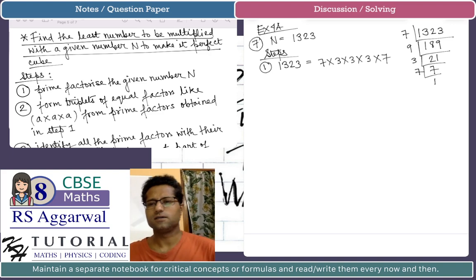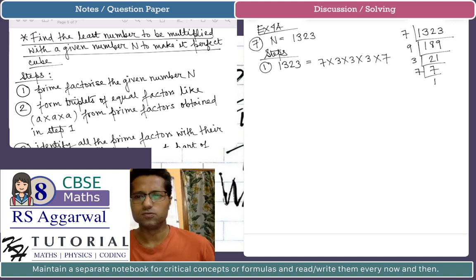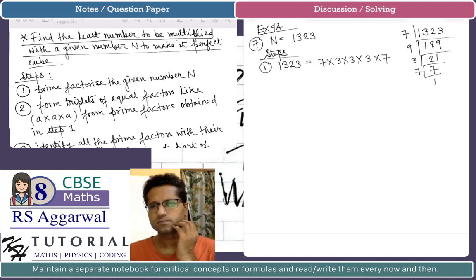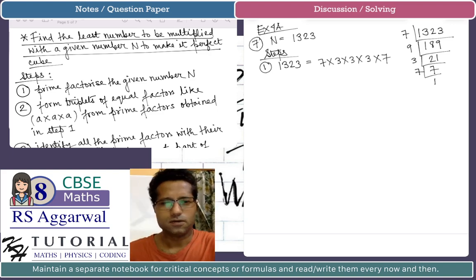So these are the prime factors of the number 1323. This was the first step, that is, prime factorize the given number n. You just have to find the prime factors. What is step 2?